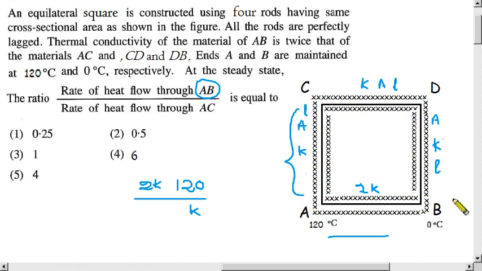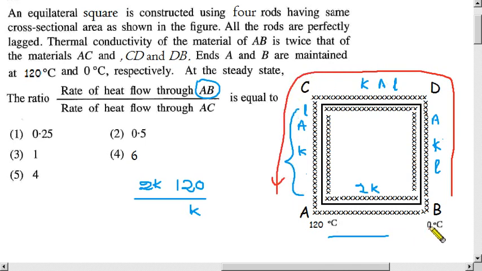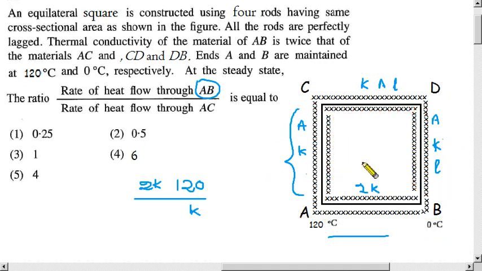Before that I have to say, even though you followed this path, you start at 0 and you finish at 120. So the total path is divided into 3: this one, this one and this one. Therefore the temperature differences should be the same.